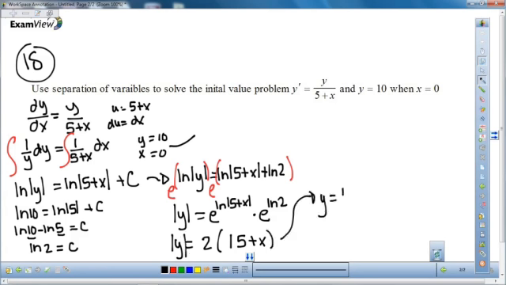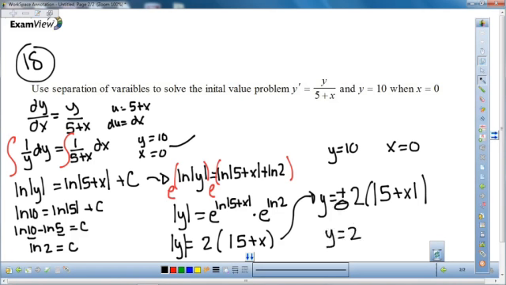And then I'm going to have plus or minus. That's how I get rid of the absolute value. But you always have to look at your initial condition. Remember, your initial condition was y is equal to 10 when x is equal to 0. So when x is equal to 0, that's going to give me positive 10. So I don't need the negative, I just need the positive.